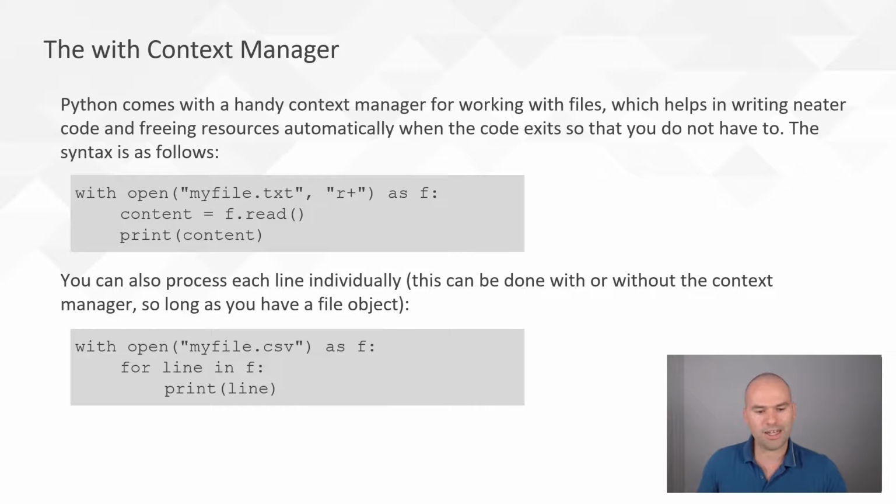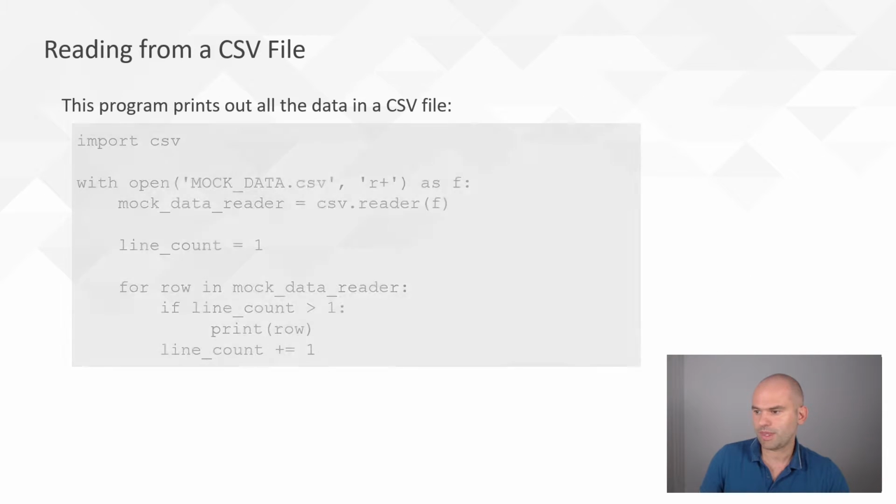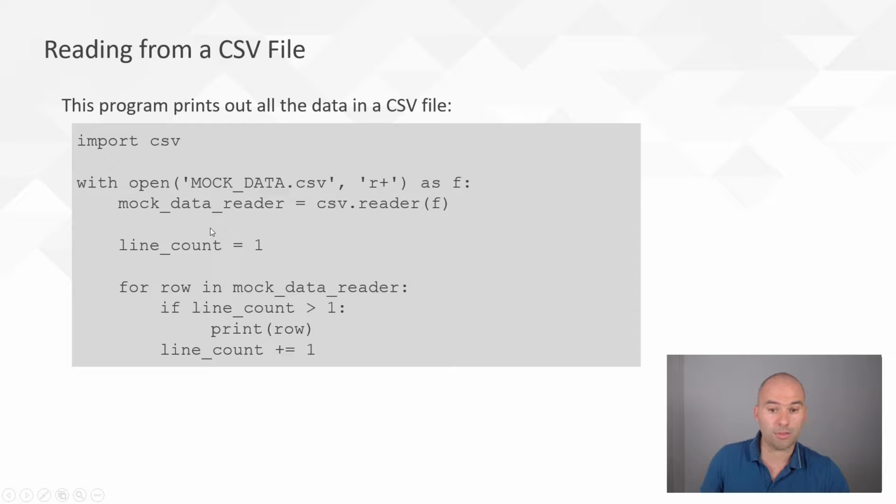So let's see what an example of reading from a CSV file looks like. Here is our mock data coming from the Mokaroo website, and we save that as f. Then we save the read data into a variable called mock data reader, after importing the CSV module, and we read the CSV file.